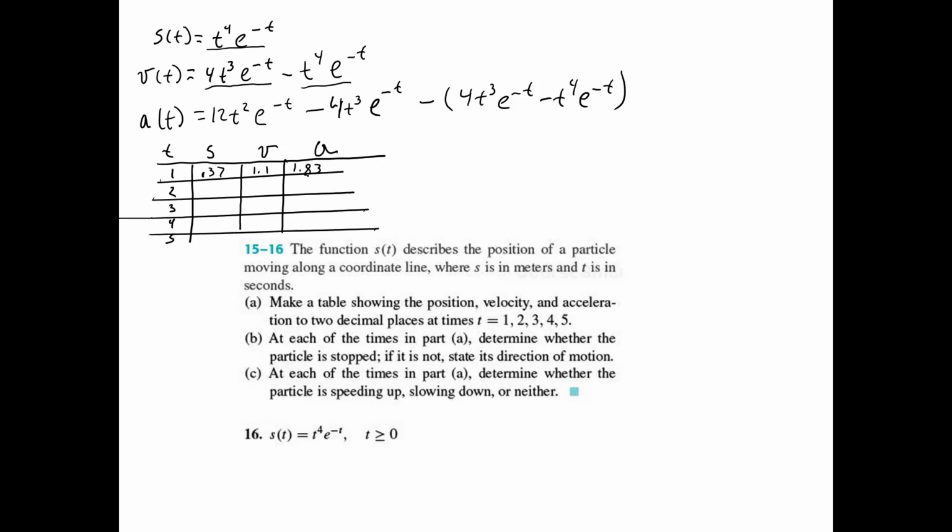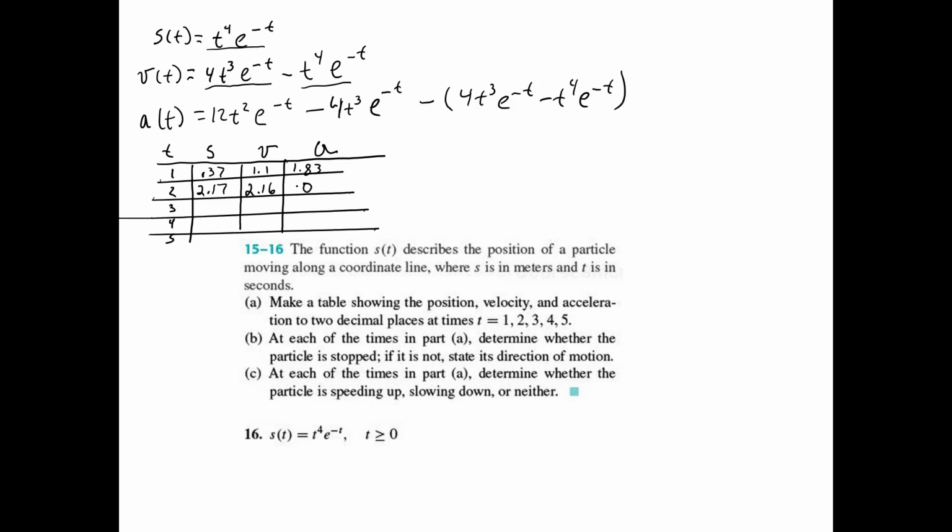At 2, we get 2.17. The velocity is 2.16. Since the velocity is not zero, it is not stopped.